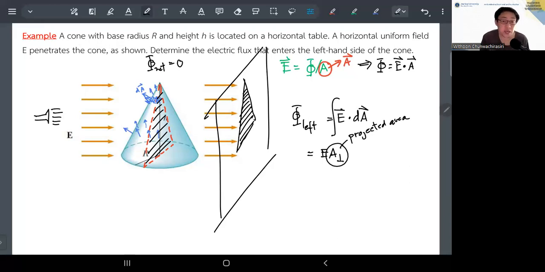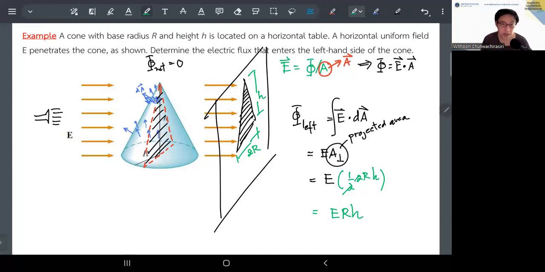It's a triangular shape. So it's just going to be E times the area of this triangle. But John, that's easy. The base is 2R, the height is H, so it's half the base times the height. That's the area of a triangle. And that's it. So the answer is ERH. But wait.